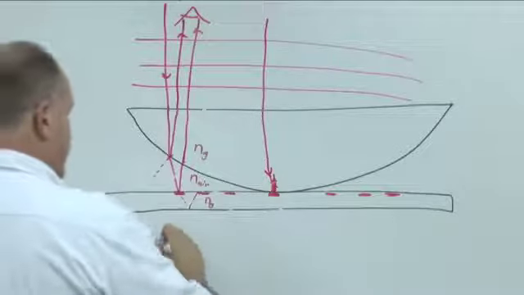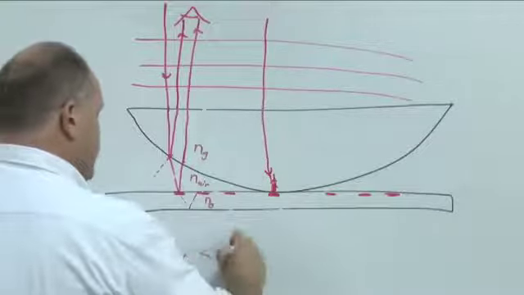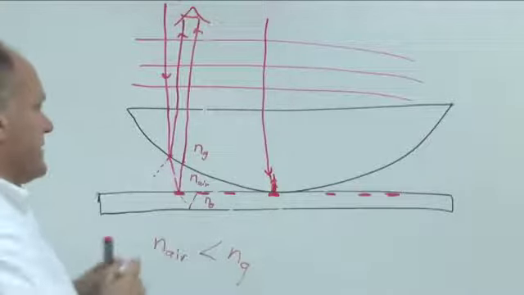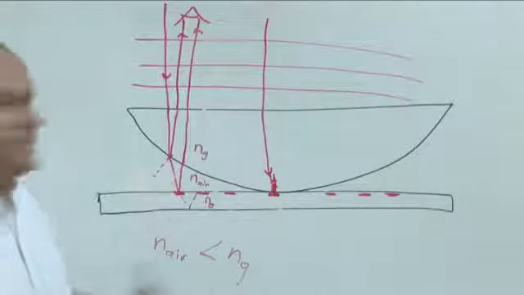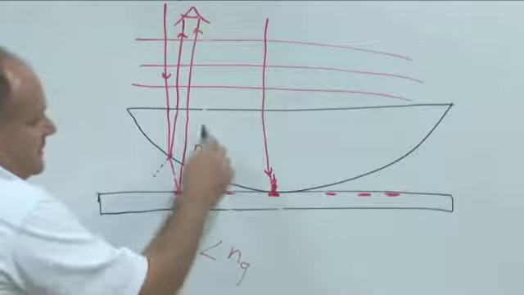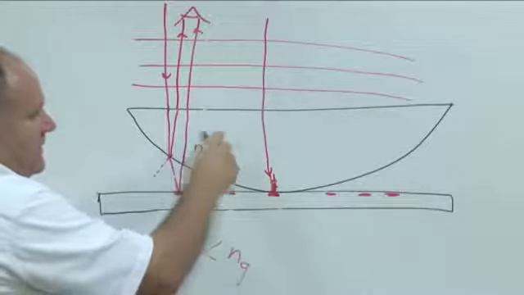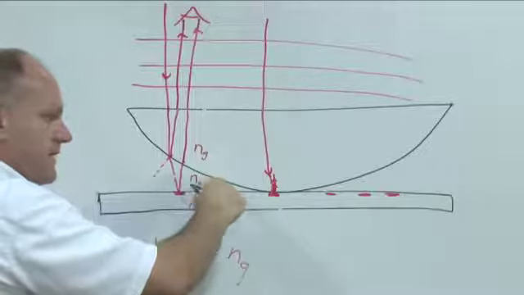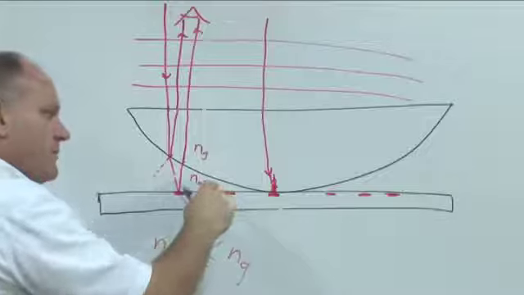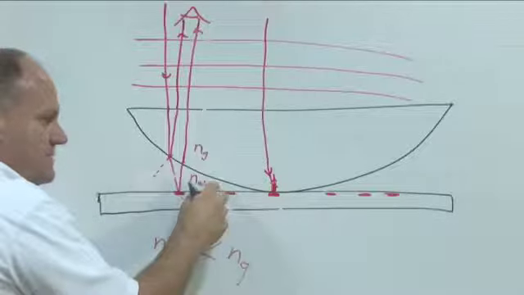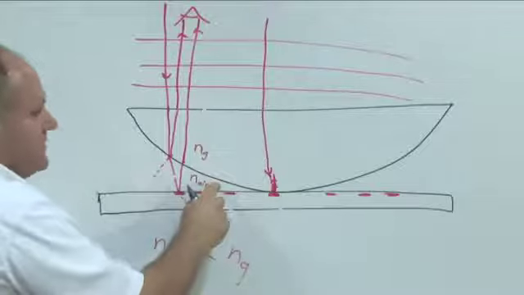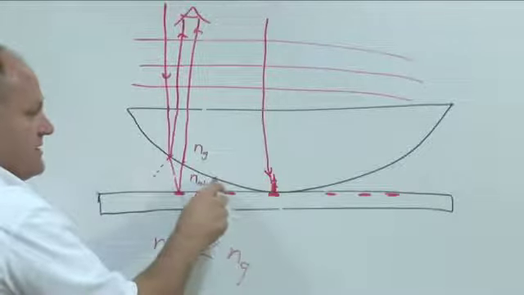Now, the refractive index of air is less than the refractive index of either of these two glasses. The thing is that when a wave passes from a region of large refractive index and reflects off the interface with a substance of smaller refractive index, then there is no phase change at this boundary.